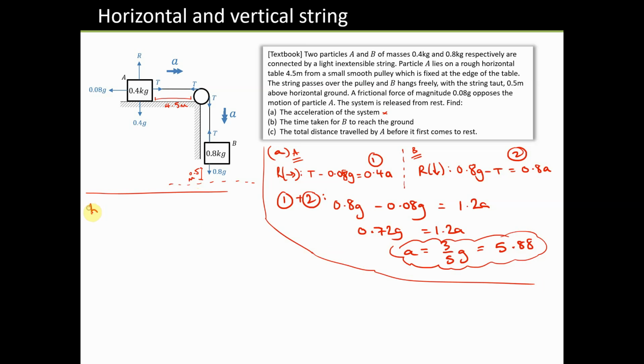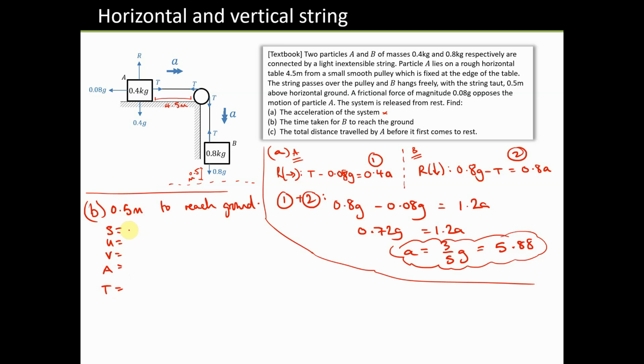Let's have a look at part B. The time taken for B to reach the ground. Well, for B to reach the ground, it needs to travel 0.5 meters to reach the ground. So again, we're talking about a time taken, we're talking about a movement of distance, we're looking at suvats.